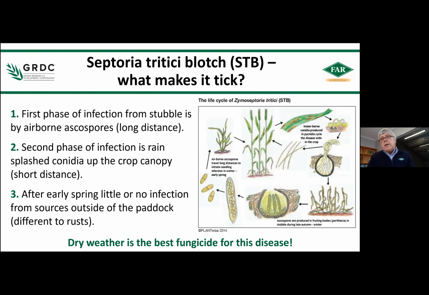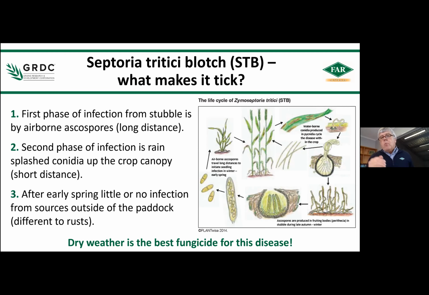So when you look at a paddock in early spring at growth stage 30 and you're trying to work out how much infection you've got, generally speaking, what you're looking at there is what you're going to be managing. And that's completely different to rust that can come over the fence at you later in the season.